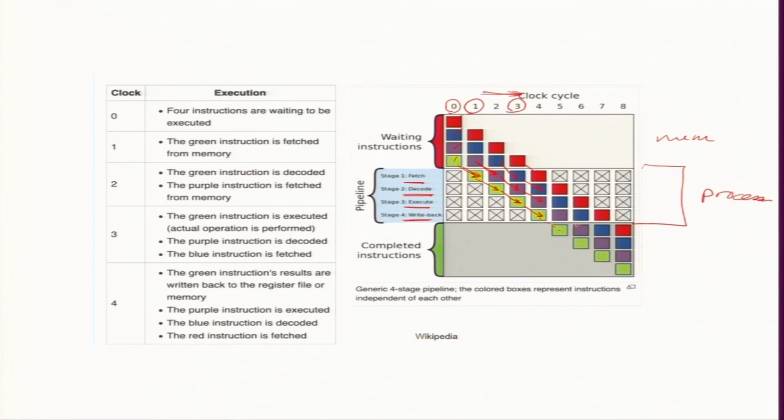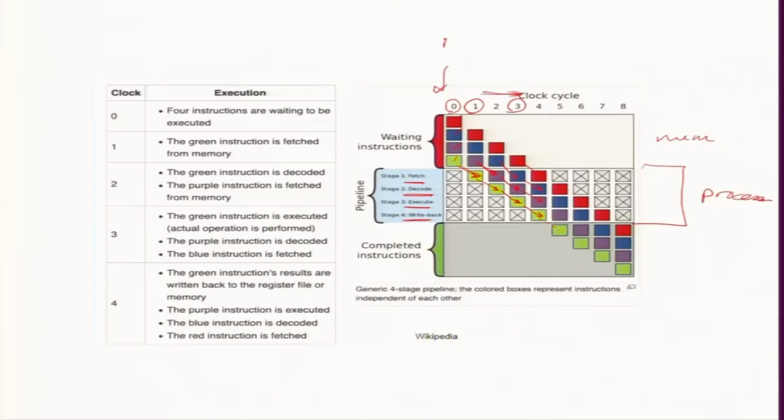So, it turns out we can finish these full 4 instructions in 8 clock cycles. I will share this slide with you, and you can see it turn 8. If I had a huge number of instructions, it will be done in how many clock cycles? Let us say I have n instructions, n is large, n is 1000, then it will be 1000 plus 4.